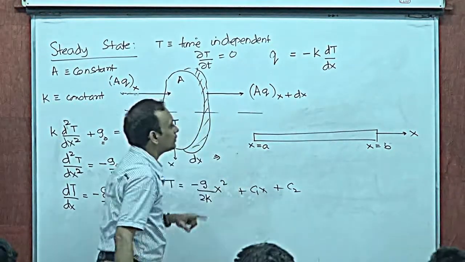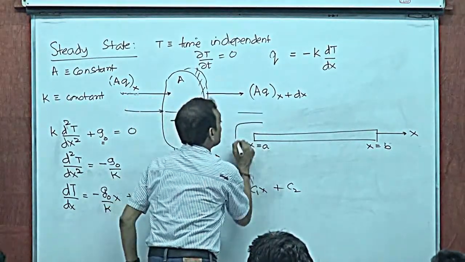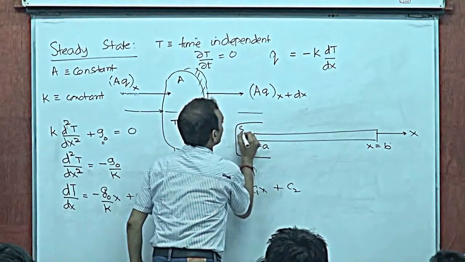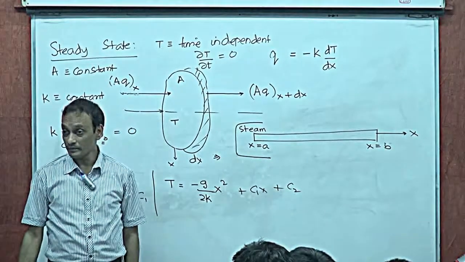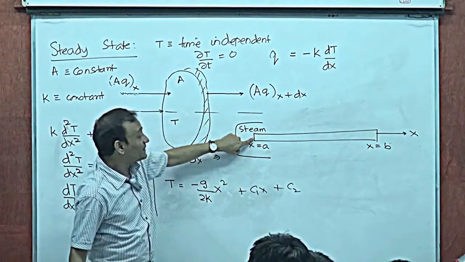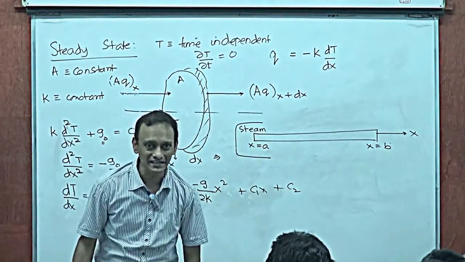They might tell you that this could have been placed in a steam chamber, which means the end x equal to a is always maintained at 100 degrees centigrade.